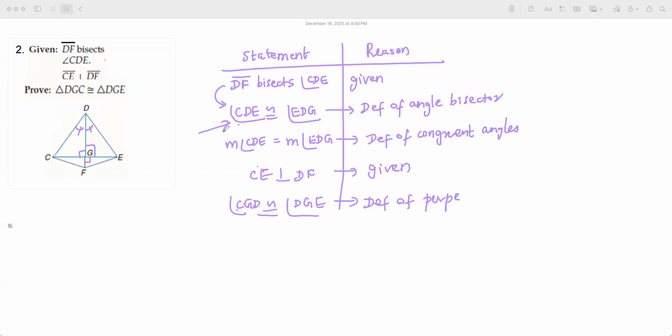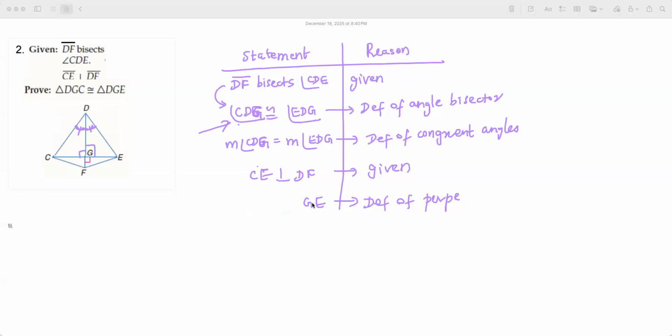Would it make sense if we wrote it is congruent to EGD? CDE. Did I make a mistake? Oh yeah, CDG. DF bisects CDE. CDG, EDG. Sorry about it. Yeah, CDG, right? This angle is congruent to this angle. Did you mean that? Yeah. Okay. Thank you. Now, how to go ahead, guys?